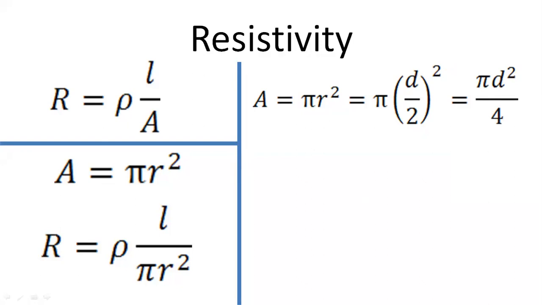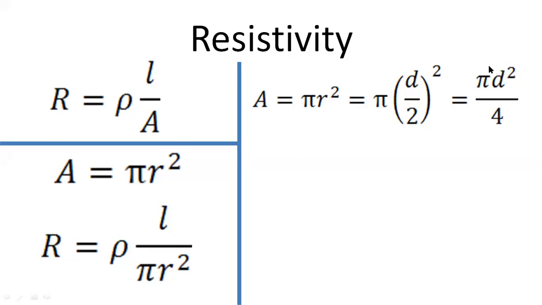Give me a response in the chat box. Have you understood, at least till this moment, how area is getting to be pi d square by 4? Okay. Now I'm going to put that value in our regular formula.